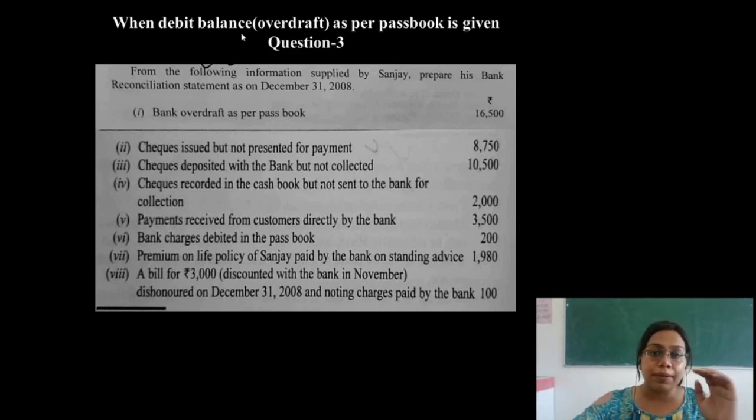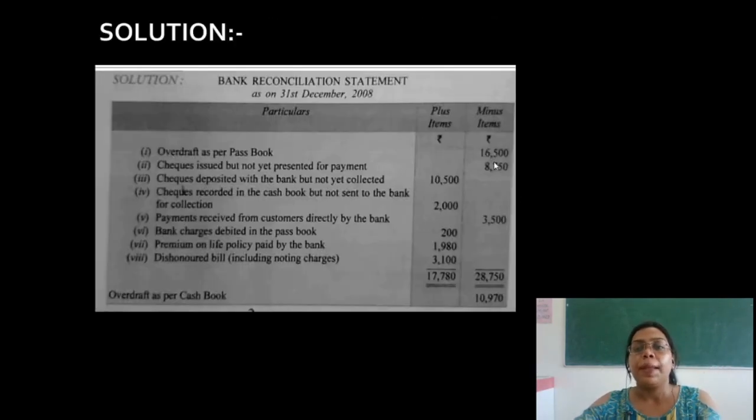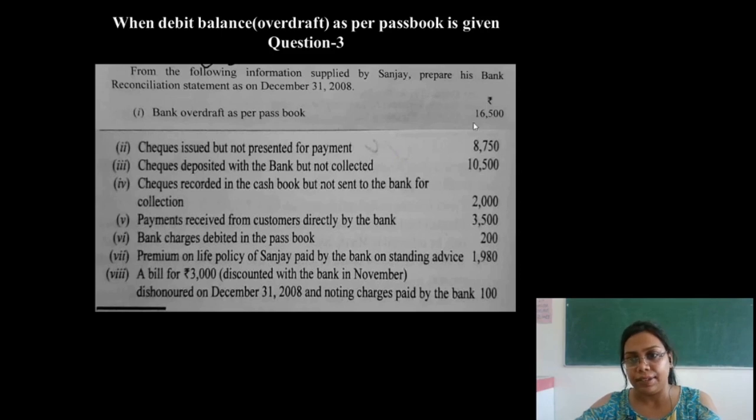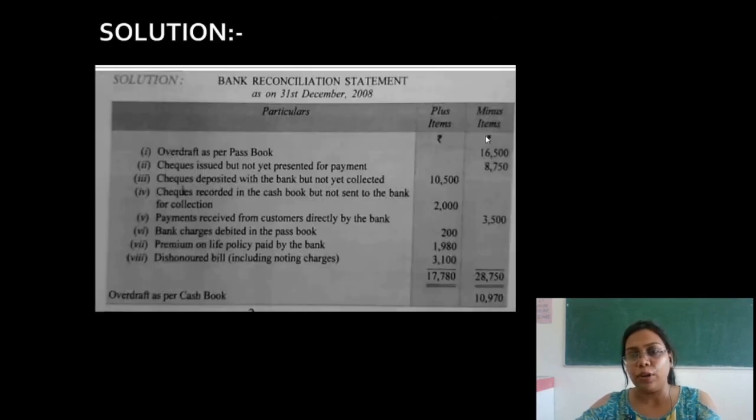We can write either in both cases. The amount will be written in the minus column. Overdraft as per passbook, 16,500 has been written in the minus column.